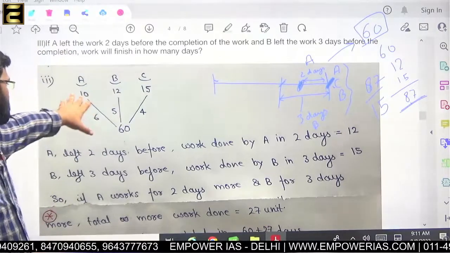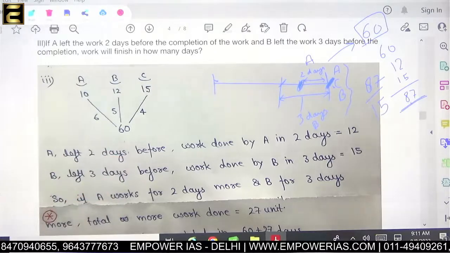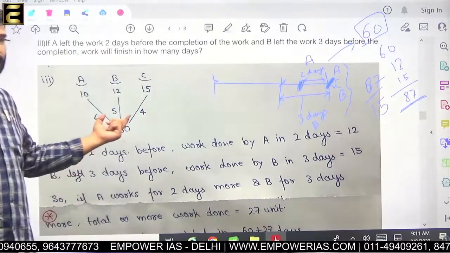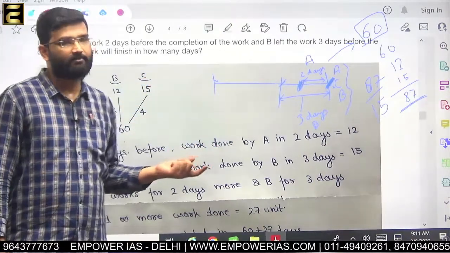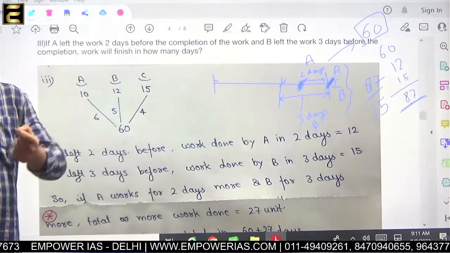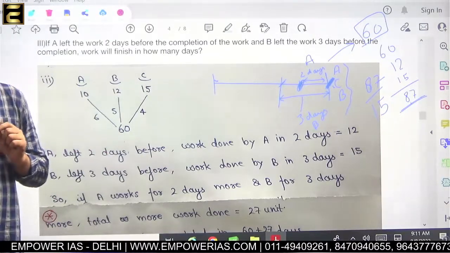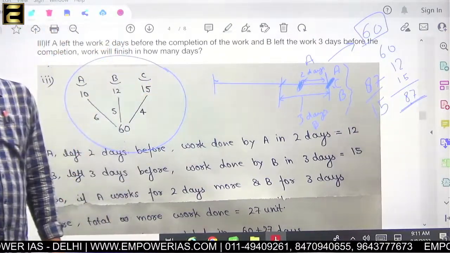Now see, once you draw this diagram, whatever has been asked in the question will be very easy. Whatever will be asked, you will be in a position to answer, because once you have completed this, what is left?